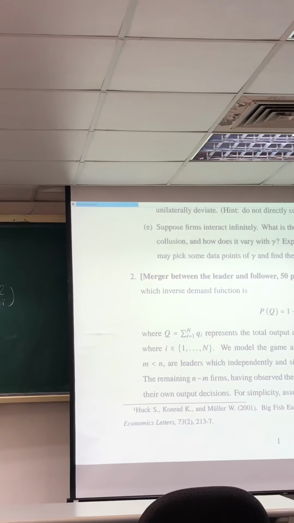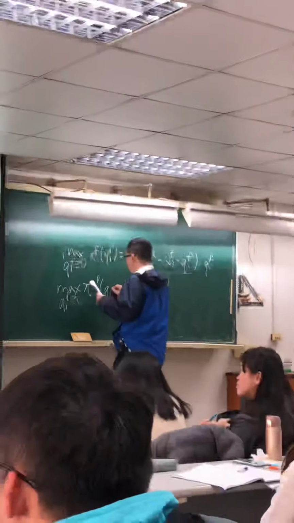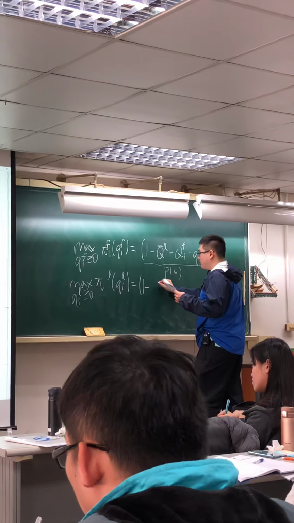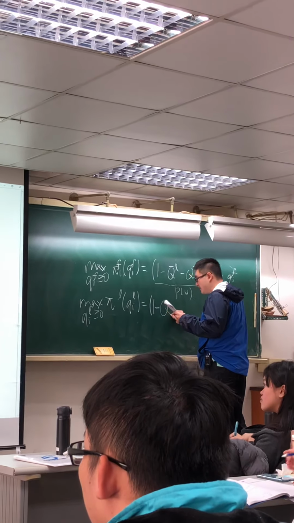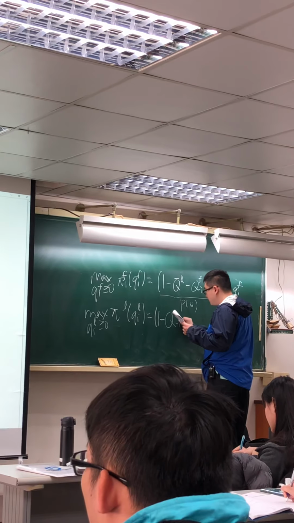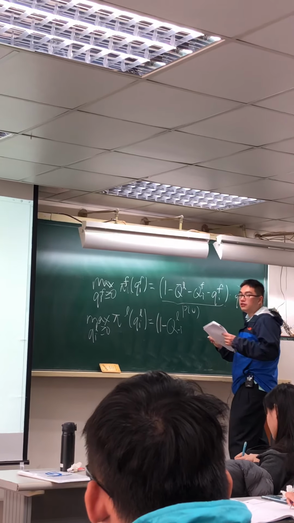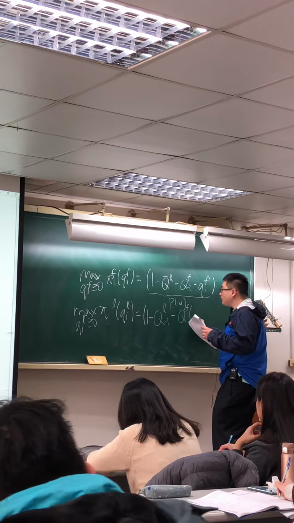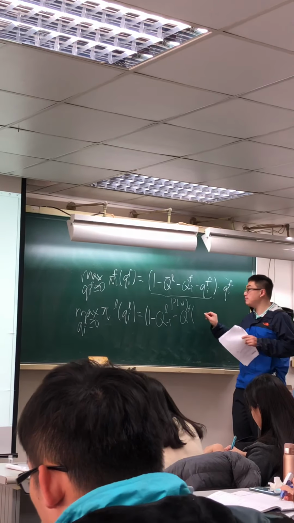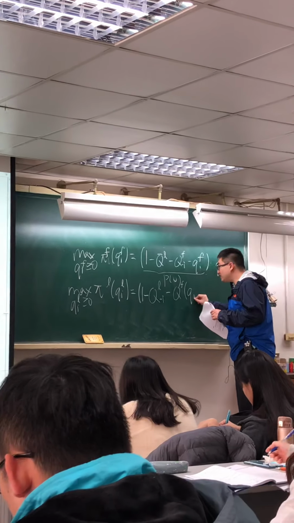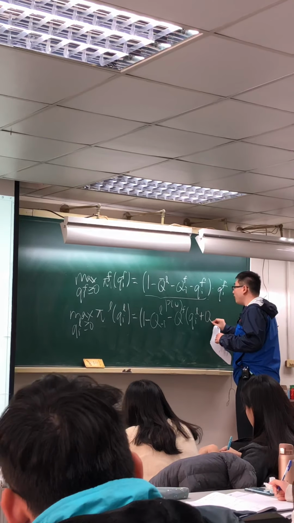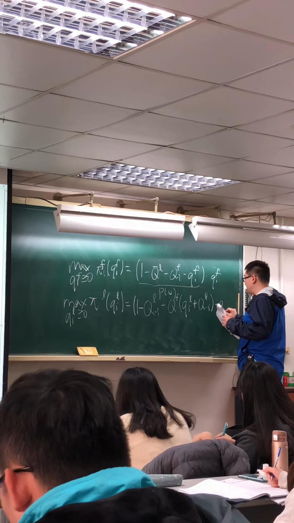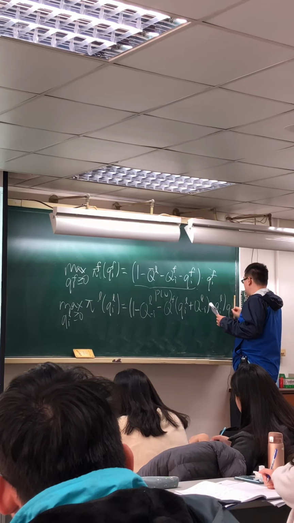which is to choose its own output by the price times the output, which the price is given by 1 minus the total output of all the other leaders minus the output of all followers. For the followers, we decide the output as a function of its own output and the output of all the other leaders minus the output of itself times the output.